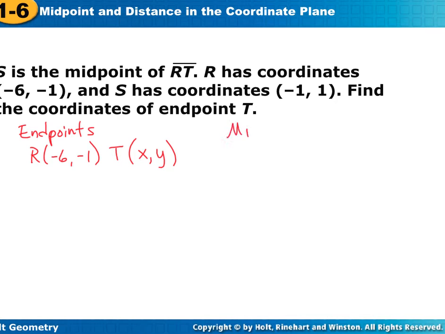Okay, then the midpoint is S. That has coordinates -1, 1. So you're going to average the endpoints to get the coordinates of the midpoint. See if you can set it up with the coordinates.